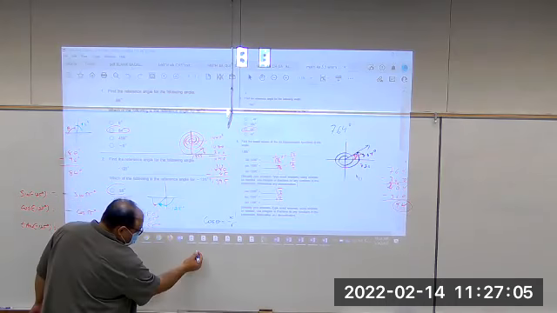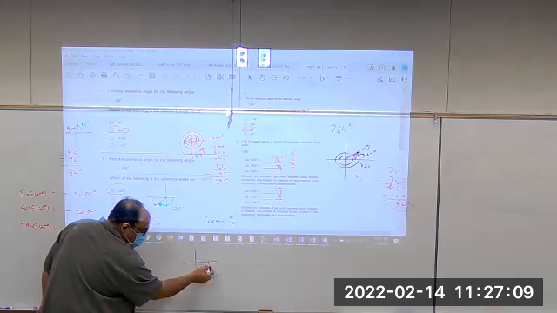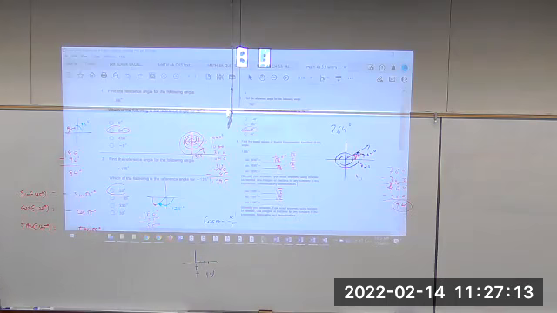In quadrant 4, the x's are positive and the y's are negative. So cosine being x over r, you have a positive x over a positive r, cosine is positive. Sine would be y over r. The y's are negative. Negative over positive, that's a negative sine.